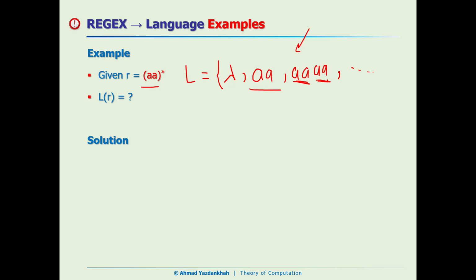Do you agree? If this is the case, then L of R will be A to the 2n such that n is greater than or equal to 0.